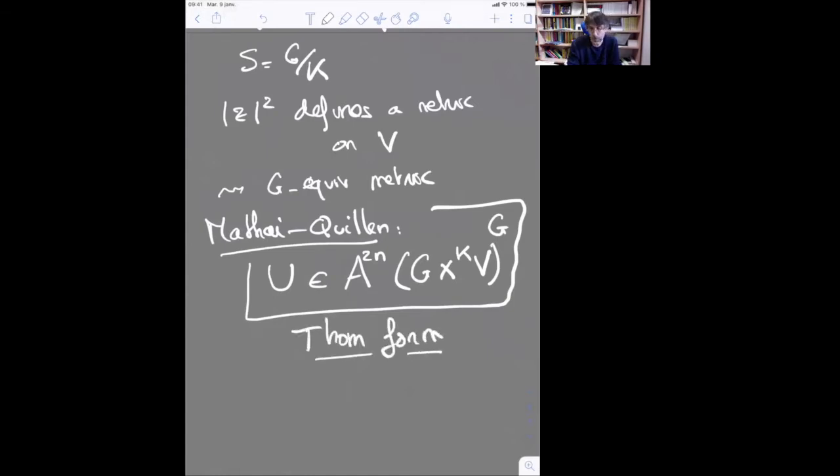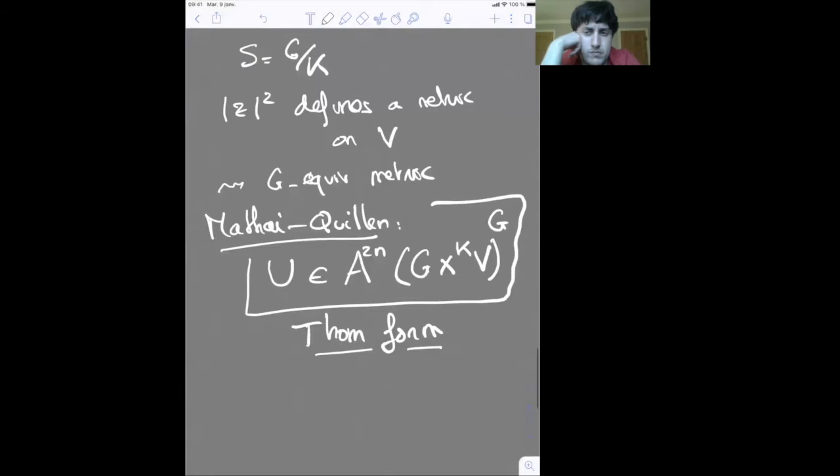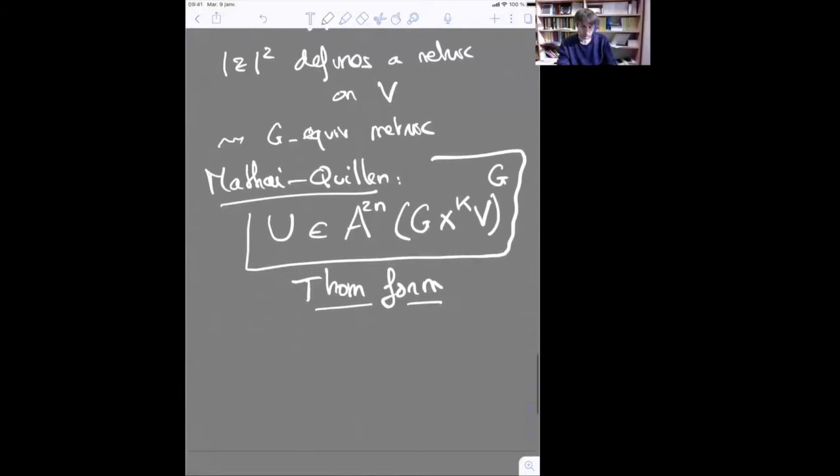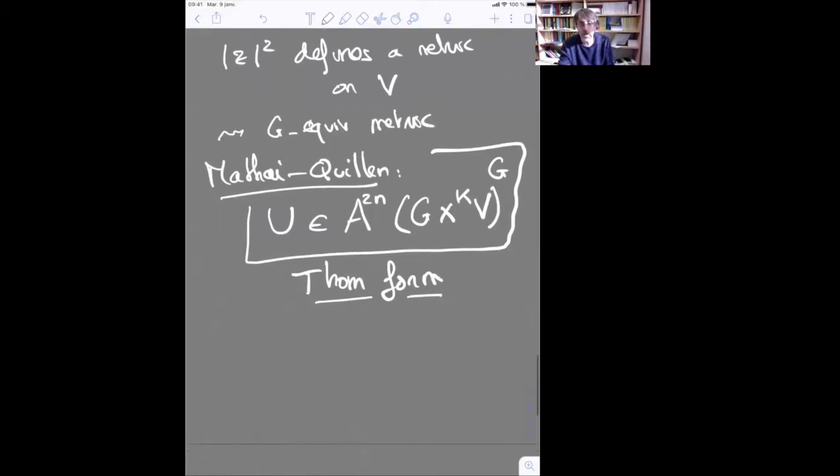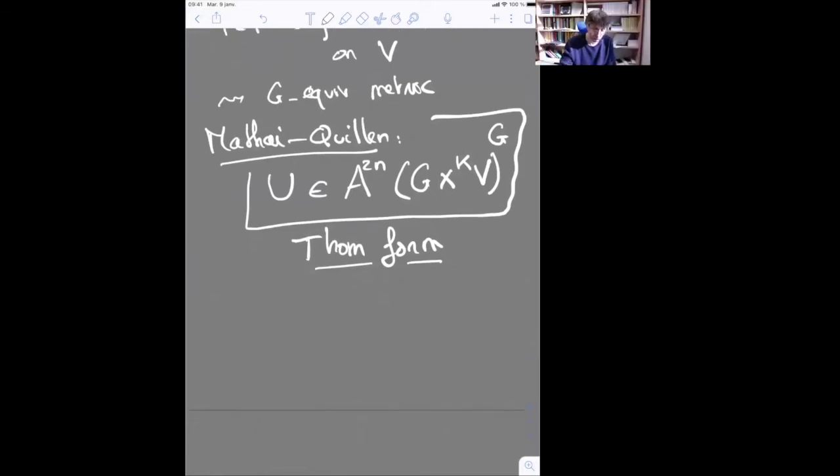I won't describe the formalism that leads to this. It will take me at least maybe more than one hour. But in the end, the formula is quite suggestive, and I will explain how you should think of it. So let me first give the formula.